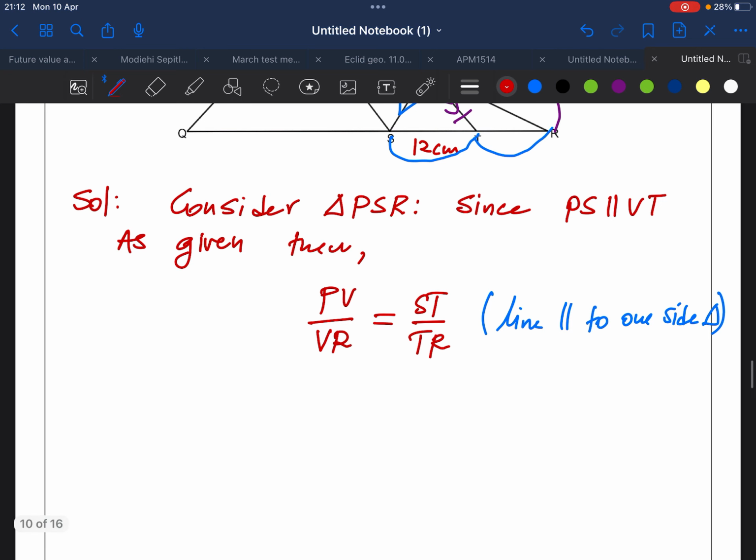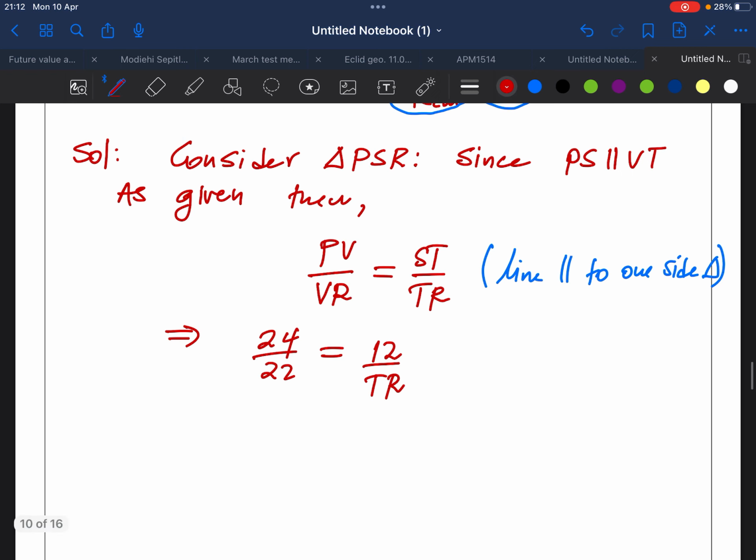Now we will proceed. This implies that 24 over 22 is equivalent to 12 over TR. For us to find TR, we will cross multiply. This is true if and only if 24 times TR, we have 24 TR, and also 22 times 12.